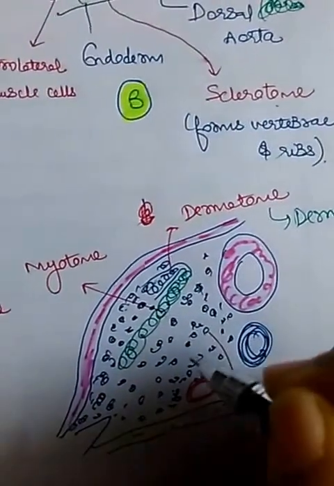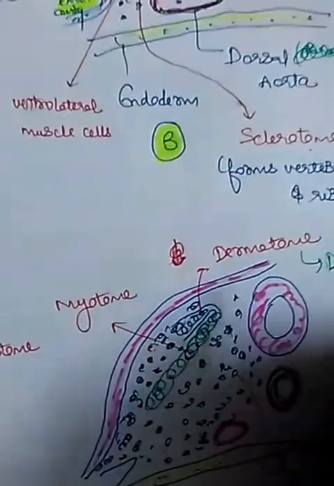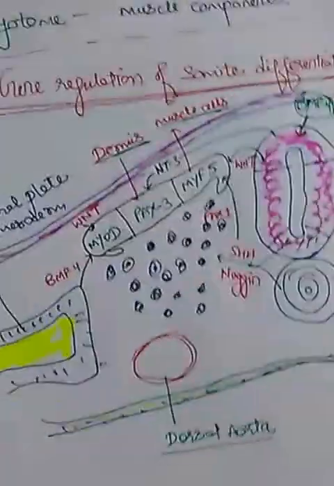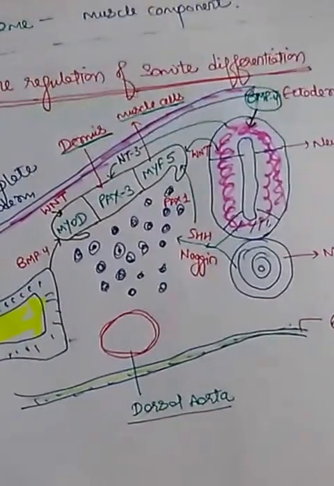Now a somite has 3 parts: sclerotome, myotome, dermatome.